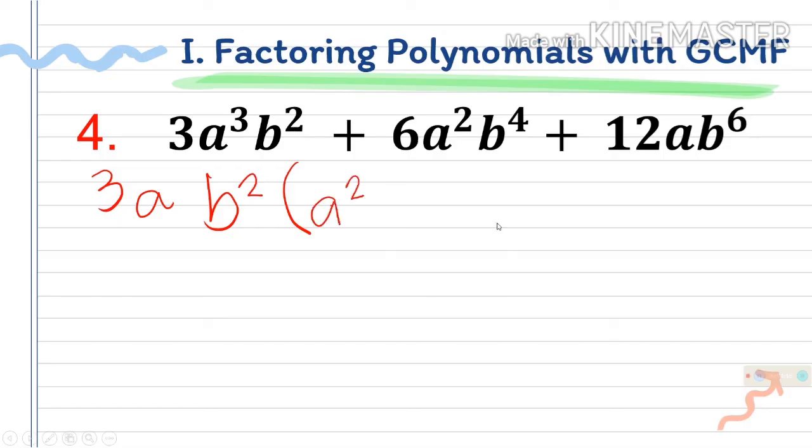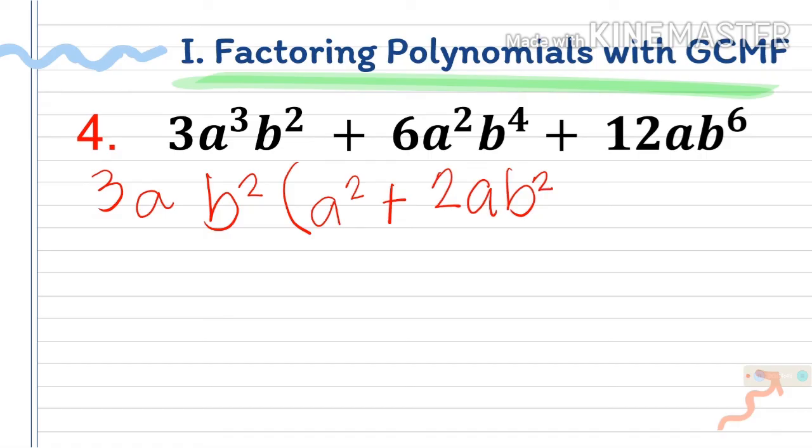And then we have here the second term, positive 6a squared b to the fourth power divided by 3ab squared. The quotient will be, yes, we have here positive 2ab squared. Correct.